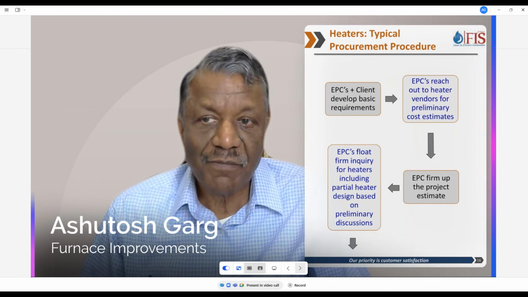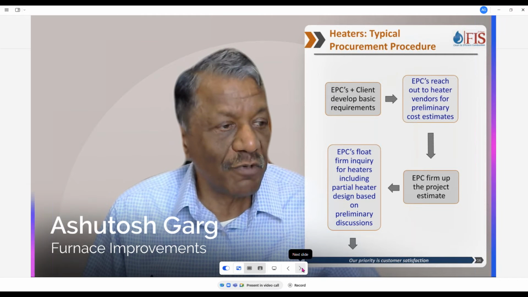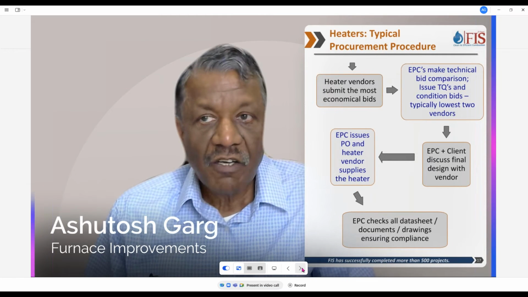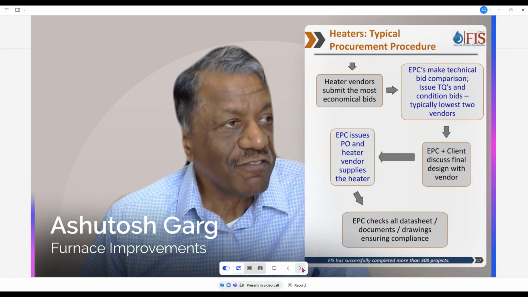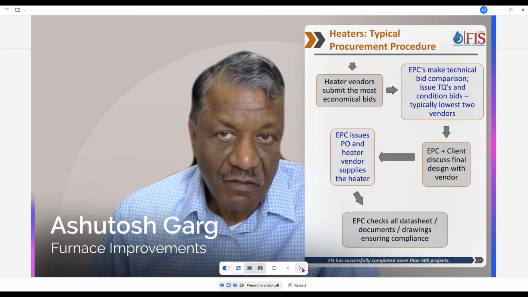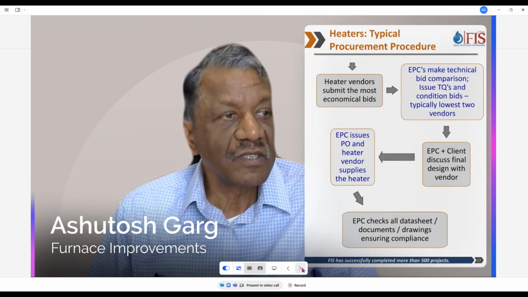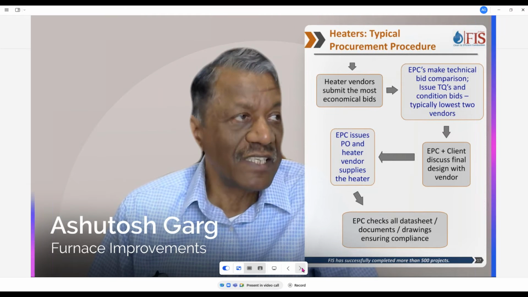The vendor firms up all the data and submits a proposal. Now, the heater business has become very, very competitive. And there are a lot of players who are available now for doing fired heaters.